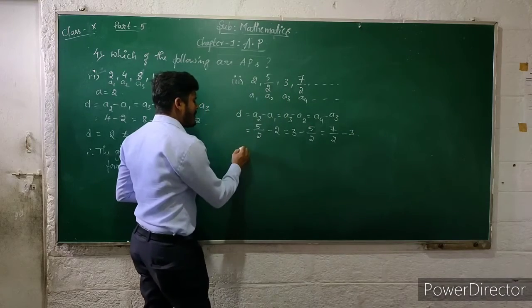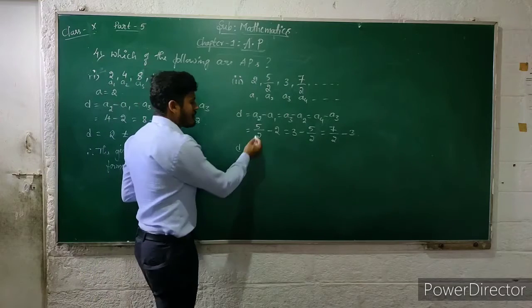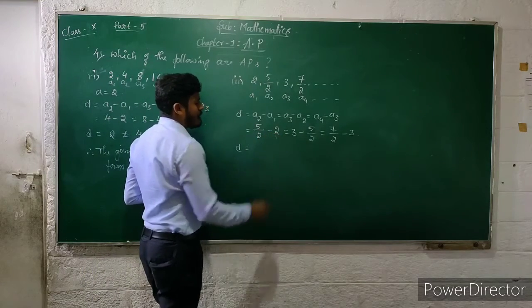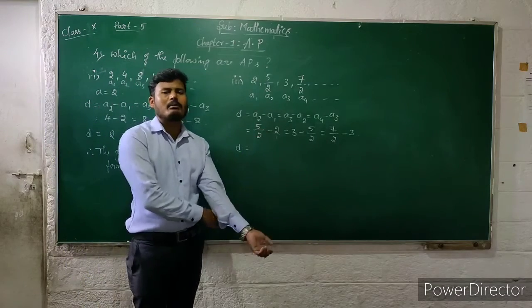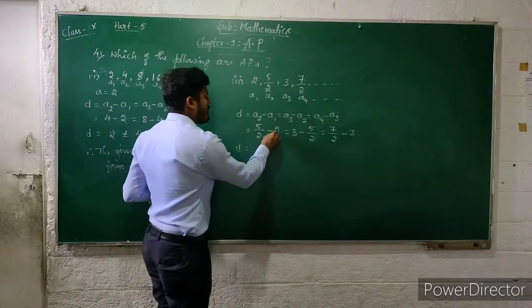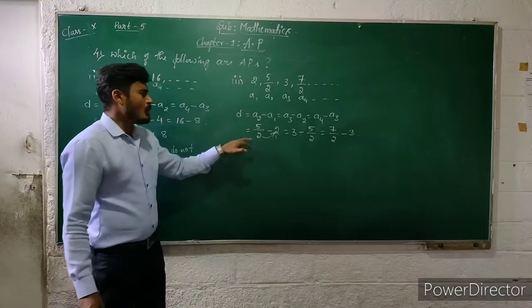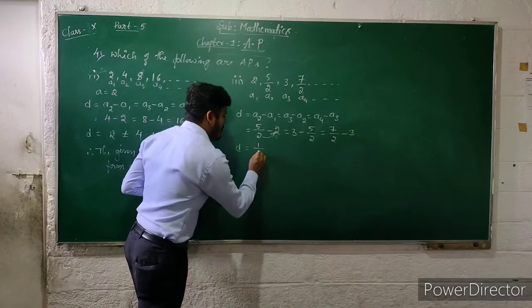Then solve these numbers. For 5 by 2 minus 2, 2 is a rational number, its form is 2 by 1, so multiply by 2: 2 2s are 4, 5 minus 4, 1 by 2 is the answer.